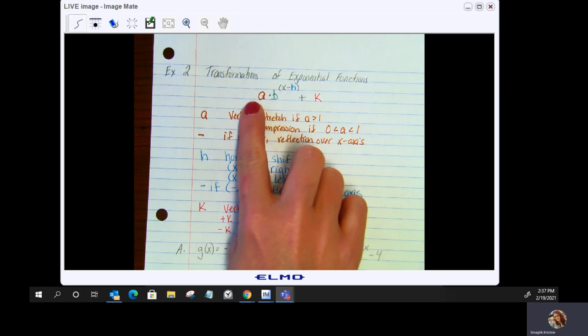Now, my y-intercept here is going to be at (0, -1), because there's my a value. I've got a reflection going on here. That negative in front of the 3, that means we are reflected over the x-axis.